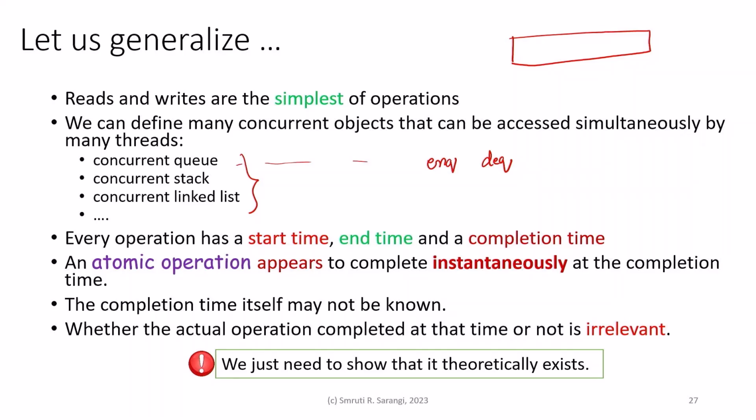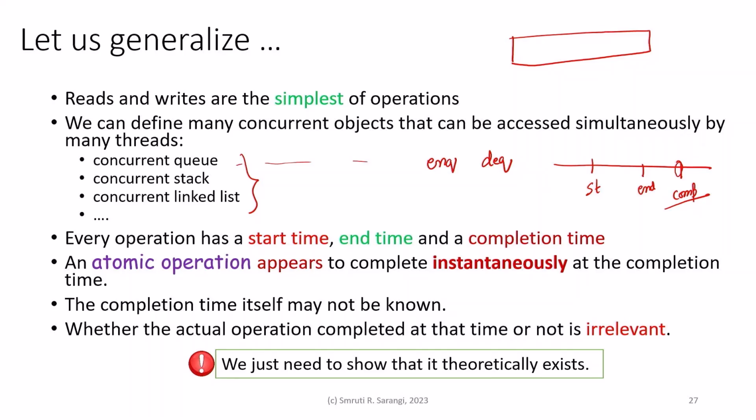So the first thing is, if I were to draw a timeline, I have a start time, I have an end time. As I said, the completion time can be at any point after the start. Let us say that this is my rule. If I have a single completion time, in the sense all the threads agree that at this point of time the operation completed, everybody agrees, there is unanimous consensus, then we say that the operation is atomic.